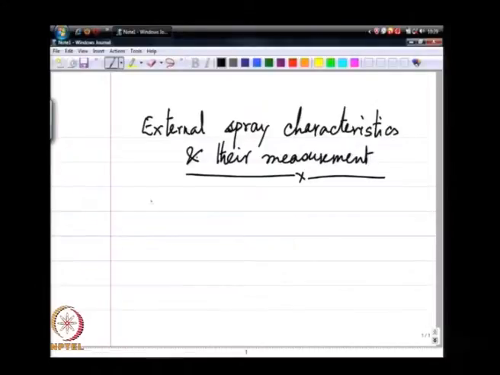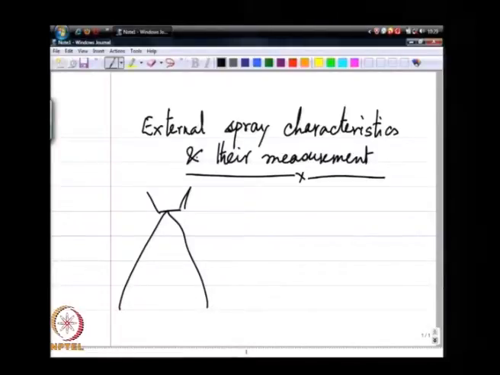So, let us take a simple example of a spray. We looked at what the morphology of this spray is like in the earlier lectures. What we want to do today is understand how one could characterize these sprays.